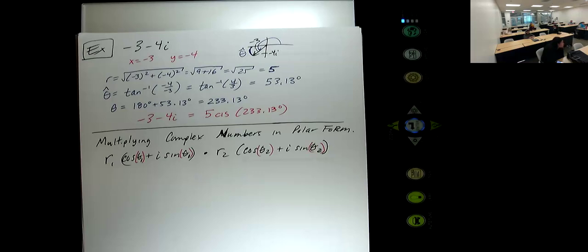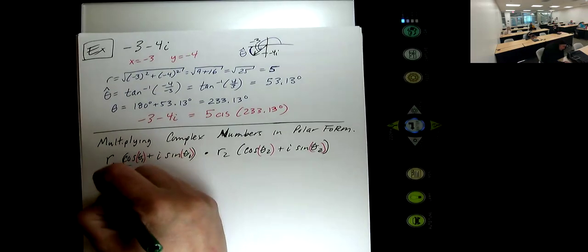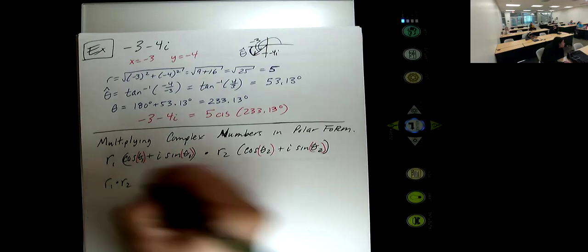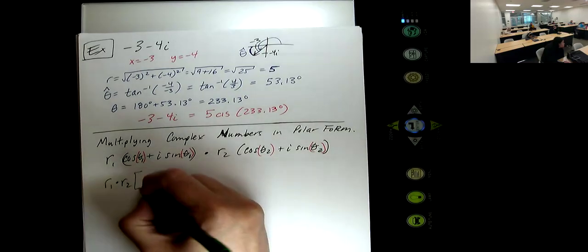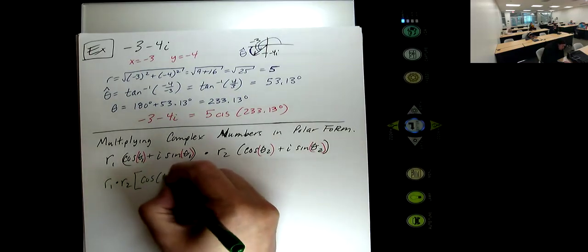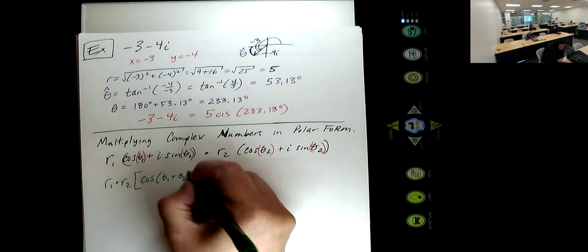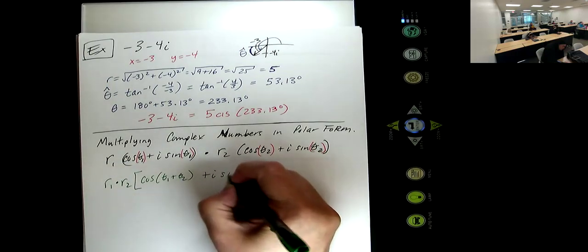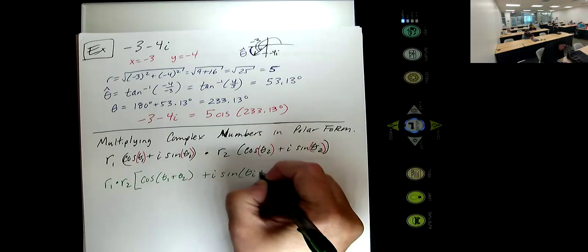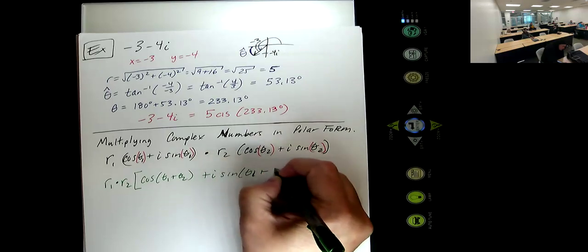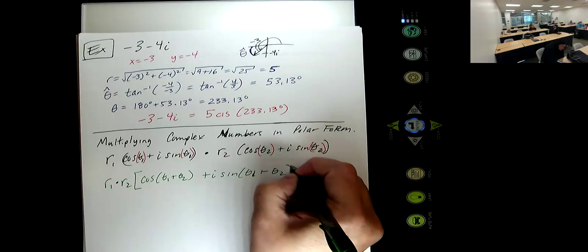It turns out when you work this all out, this is R1 times R2, cosine of theta 1 plus theta 2, plus i sine of theta 1 plus theta 2.